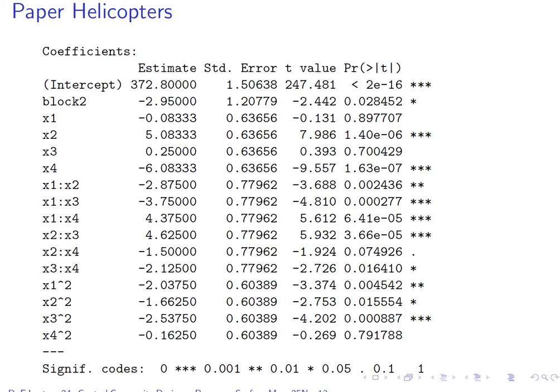Next part you see are the coefficients of the model, and so there's the intercept, right, where it was beta 2, or we called y0. There's a coefficient for the block, since that was part of the model. And then here you see all the terms of the second order fit. So the second order fit in this particular case doesn't mean that the first order terms were excluded.